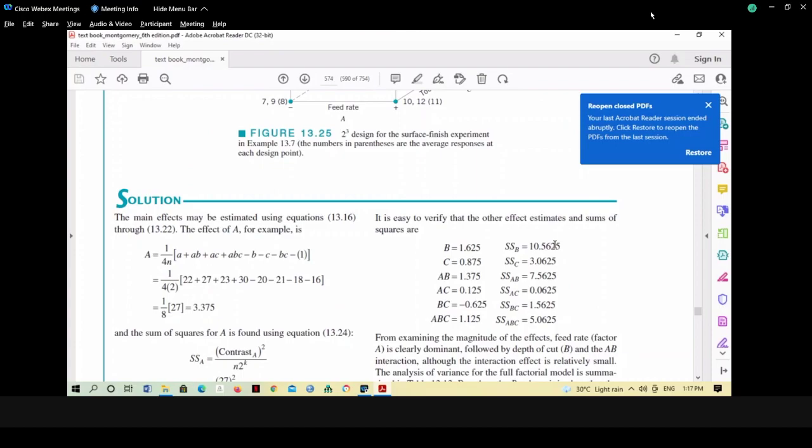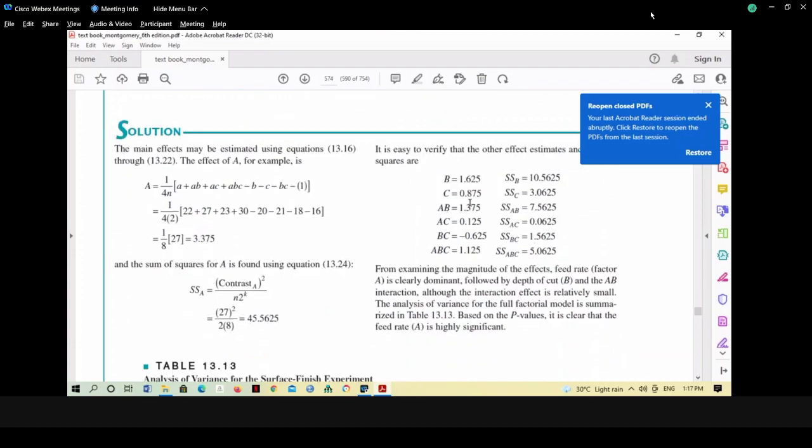Remember, okay, hold on a minute. Remember that I just calculated here, AB. Okay. You can use a formula of graphical analysis, effect estimates. What I just demonstrated is using graphical analysis, right? You can also use a formula like this.